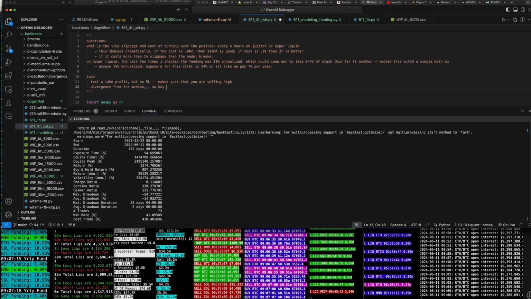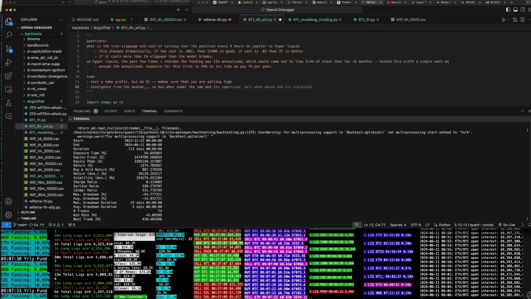So buy when under the estimate. Now that's changing the entire strategy, but you can see how ideas come. So buy when under the SMA and it's super low or something. I guess that turns into a capitulation trade.